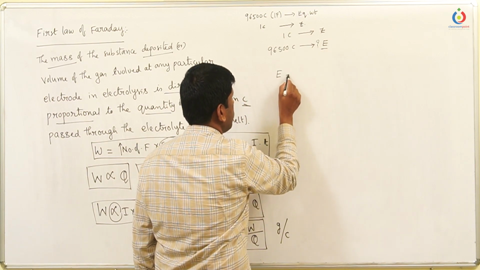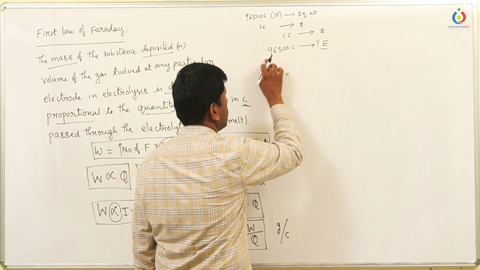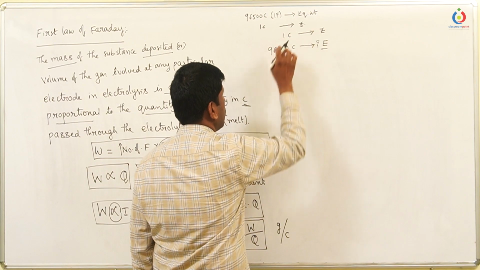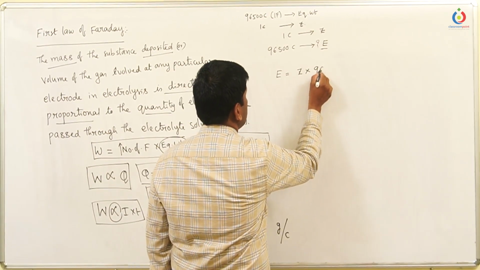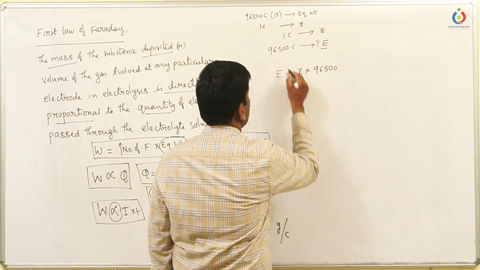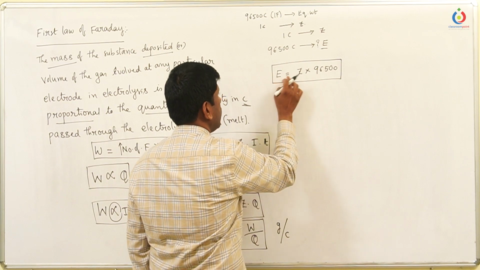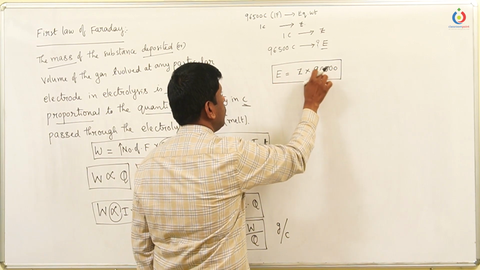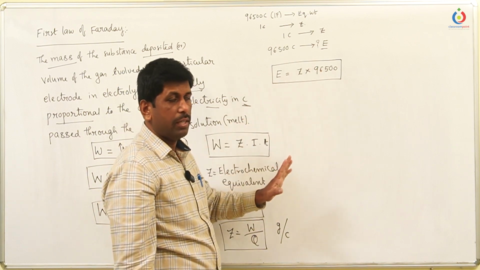So, doing the cross multiplication, equivalent mass is equal to 96,500 into Z divided by 1 coulomb. So equivalent mass is equal to electrochemical equivalent into 96,500, which is called 1 Faraday.